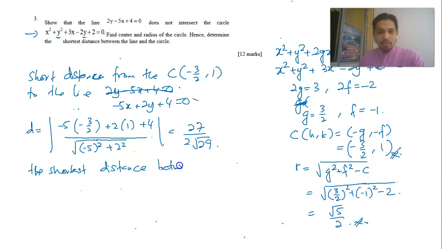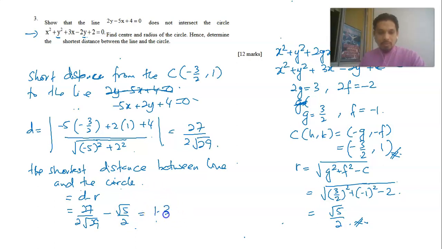The shortest distance between the line and the circle is d minus r, which is 27 over 2 square root of 29 minus square root of 5 over 2. Okay, it is 1.388 or approximately 1.39. Okay, next.